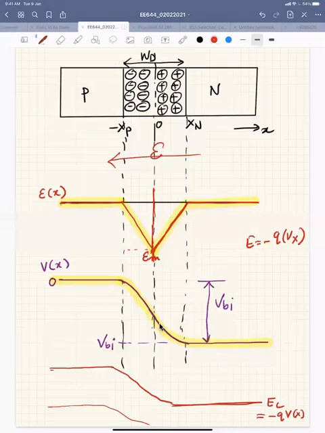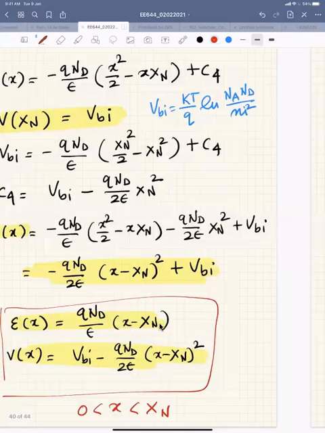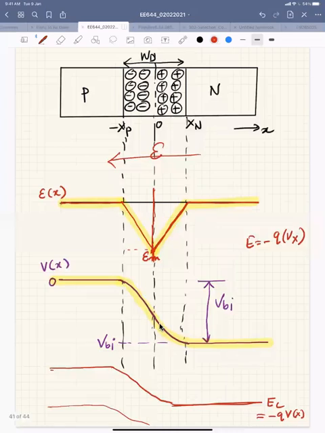But if p type is germanium and n type is gallium arsenide or some other semiconductor material, you have to be very careful while solving, because the epsilon cannot be the same, and there might be a discontinuity in the band gap. So you have to learn how to solve this for a heterogeneous junction.